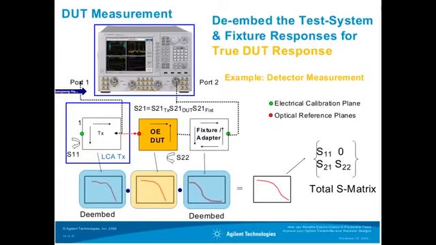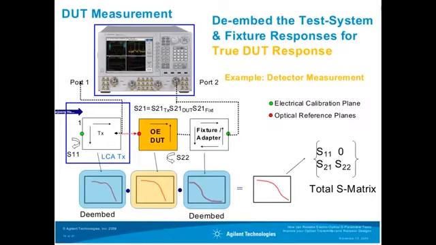And since the overall chain is always the conversion from the electrical to the optical and from the optical back into the electrical domain, it's always important, if you have an E to O device, to really de-embed and extract from the overall response the characteristics, for instance, for this reference transmitter.